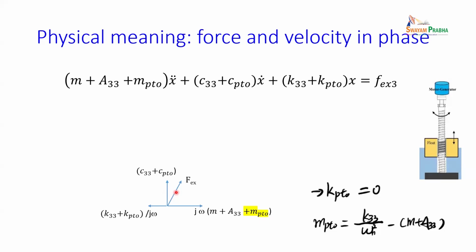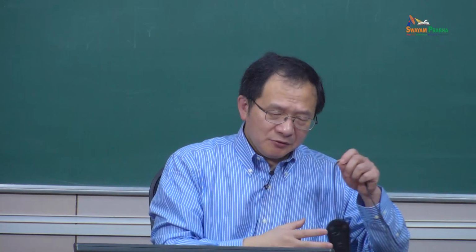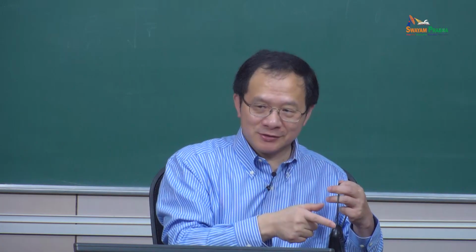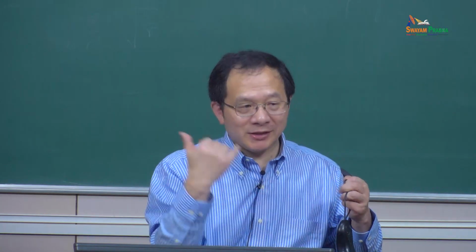In that way, every time you give excitation to the buoy, whatever, this force is always in the same direction as your damping force. So every time you pump energy to the system, right, the energy is taken away by this damping force. In that way, you have maximum power input to the buoy.